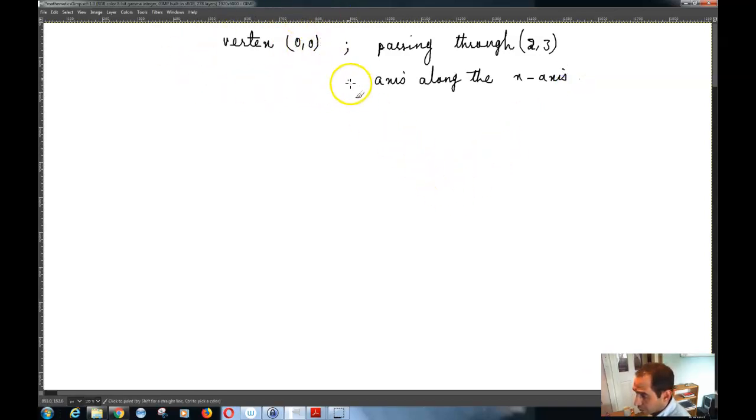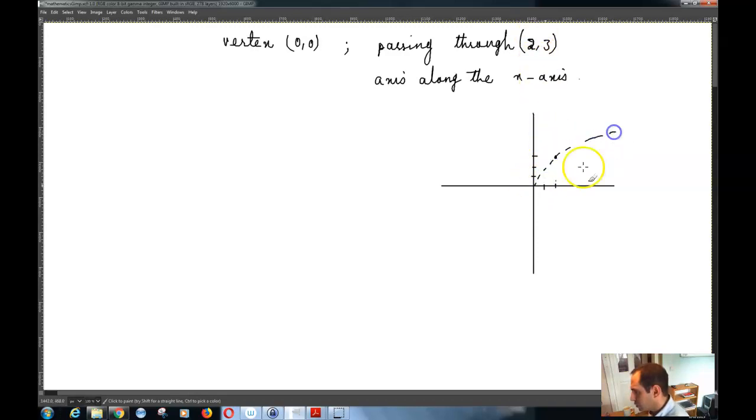So the vertex is at 0, 0. It's passing through this point 2, 3, and the axis is along the x-axis. So since it goes through this point, your parabola is like this.